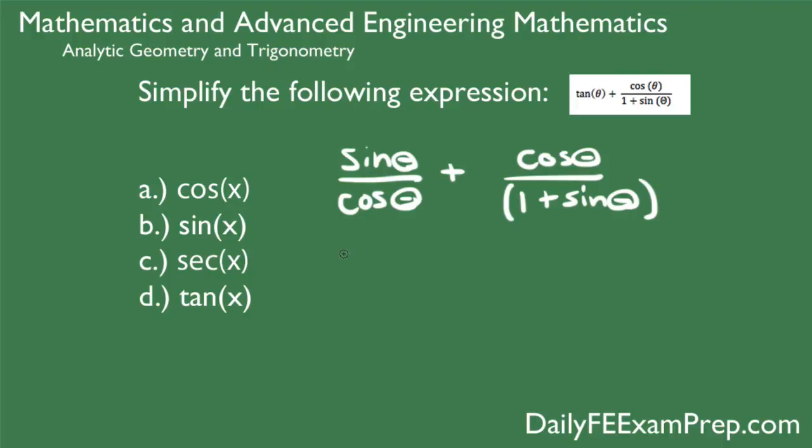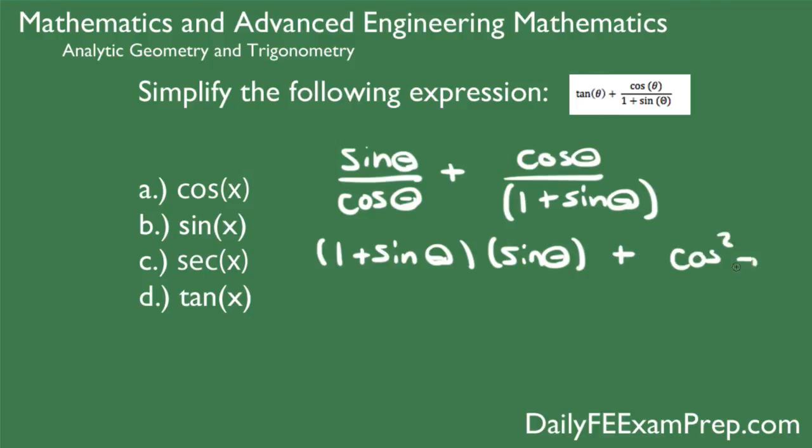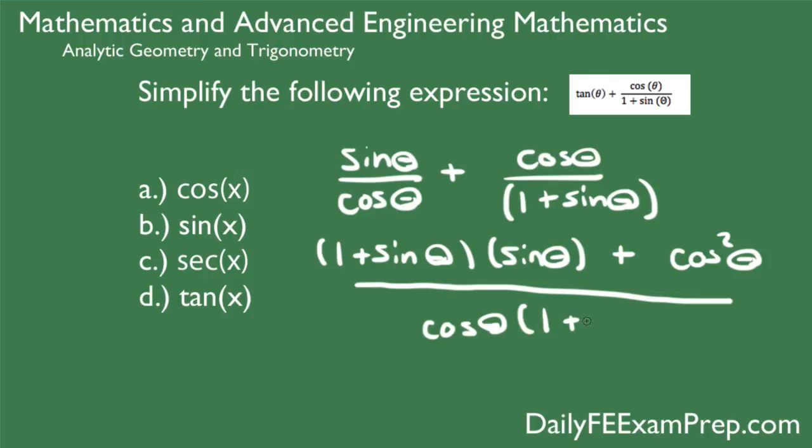So what we'll have is 1 plus sine theta times sine theta plus cosine squared theta, all over cosine theta times 1 plus sine theta.